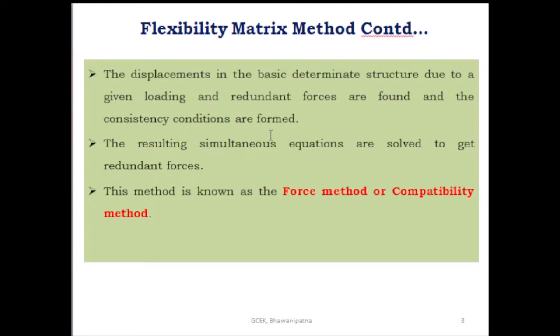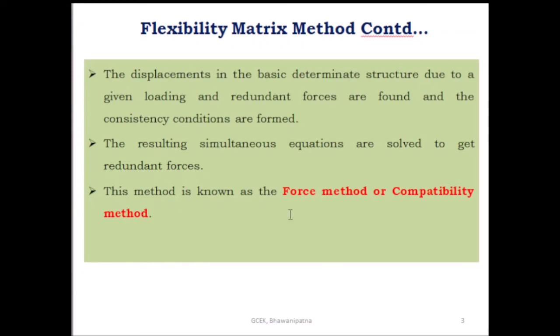You have to find out the displacement in the basic determinate structure due to the given loading and also due to the redundant forces. The resulting simultaneous equations are solved to get the redundant forces. You will get a number of simultaneous equations, and after solving them, you will get the redundant forces.